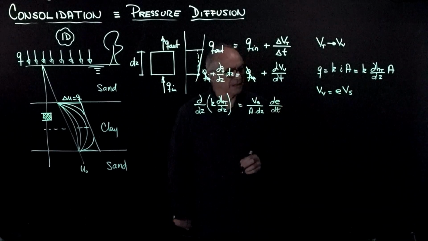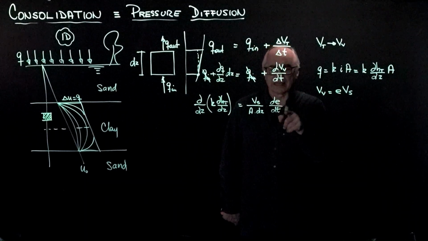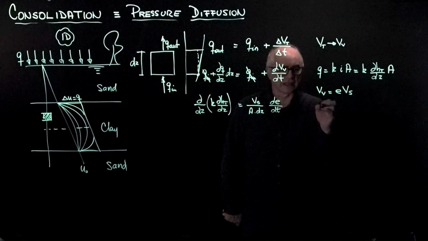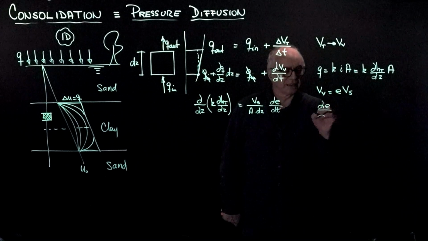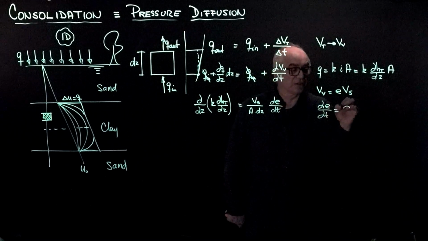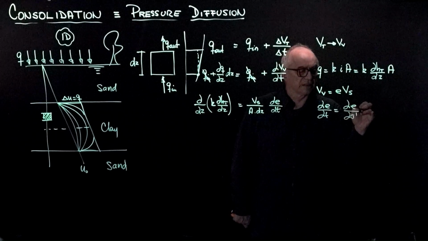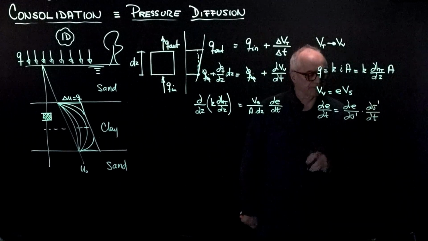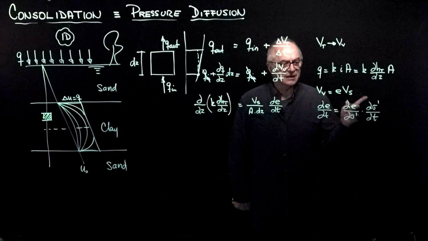But the reason why the void ratio is changing in time is because the effective stress is changing in time. So now we can say that de/dt is equal to de/dσ' times dσ'/dt. Furthermore, effective stress σ' is σ minus u.